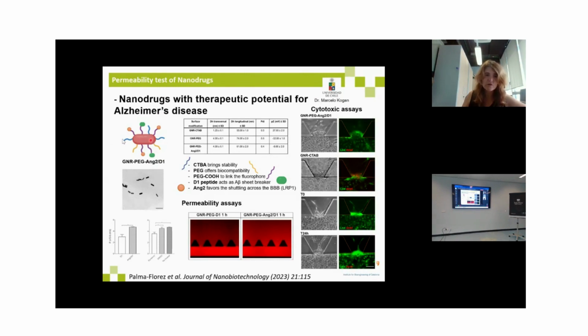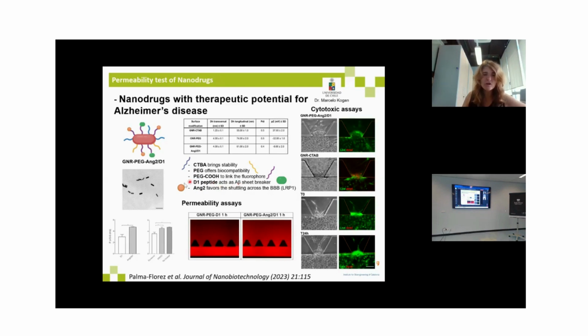These peptides have already been proved for blocking the fibril formation, which is one of the main hallmarks described in Alzheimer's disease. So we use the D1 peptide that acts for blocking the formation of these amyloid fibrils.